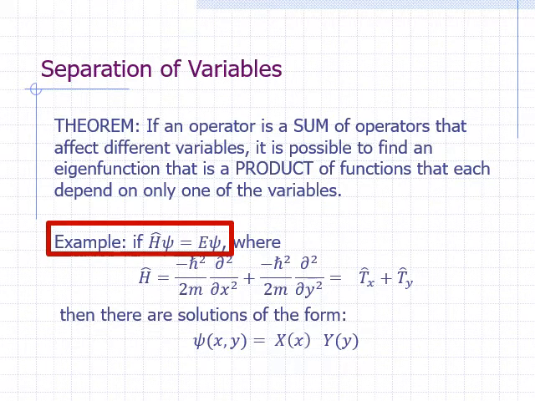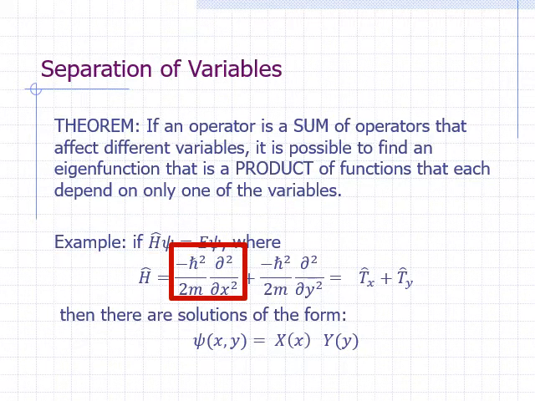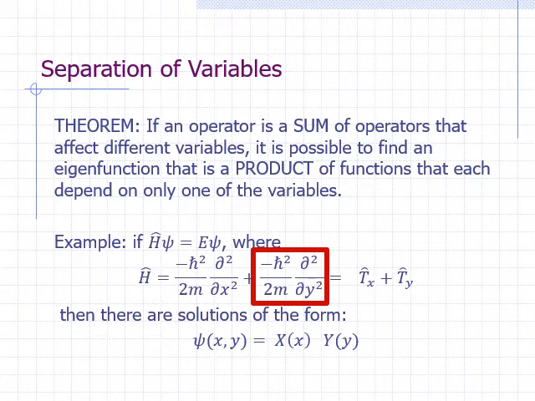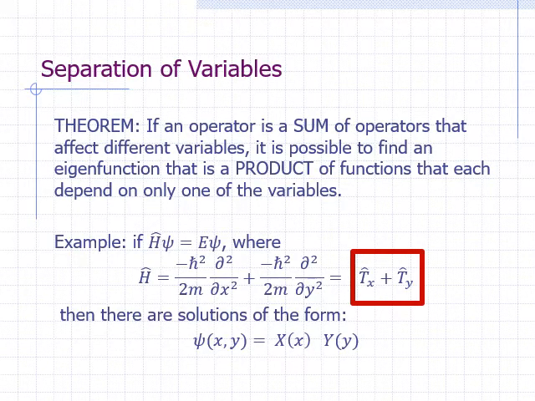If we examine our Hamiltonian, we can see that this part only affects the variable x. Let's call it operator T sub x. And this part only affects variable y. Let's call it operator T sub y. So our Hamiltonian here is an operator that is a sum of 2 operators, with each of the operators depending on a different variable.